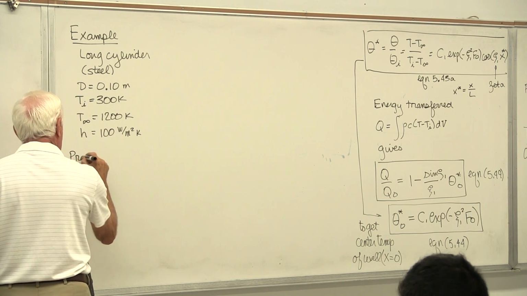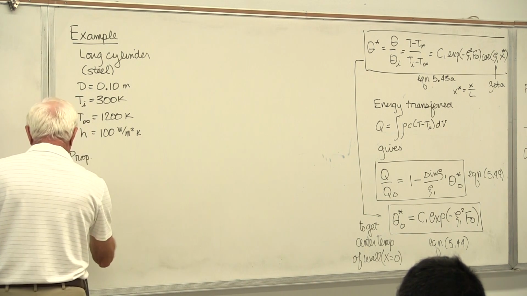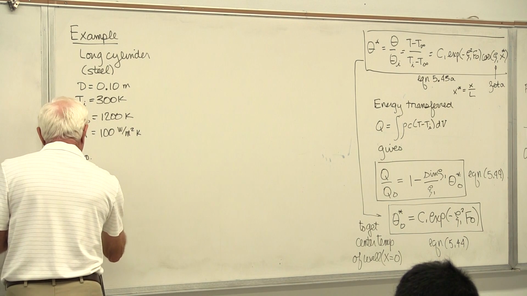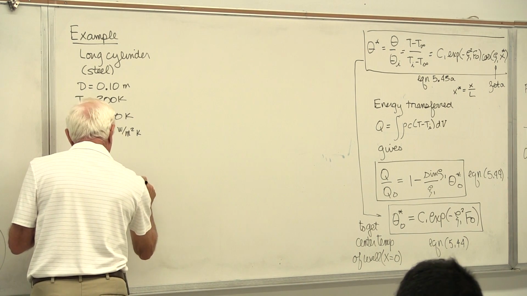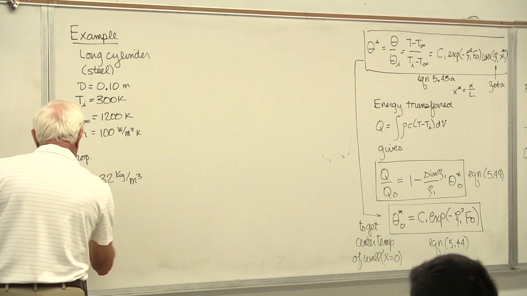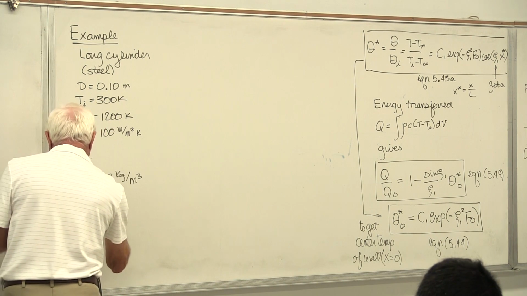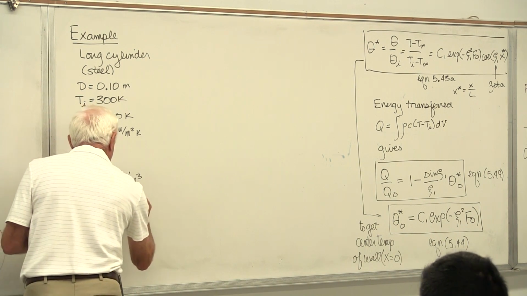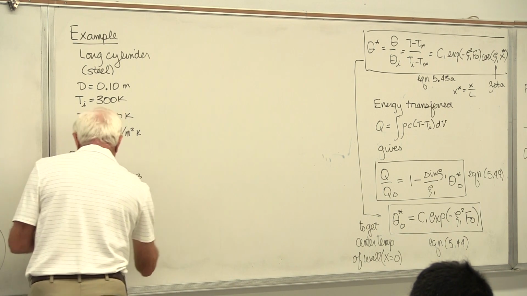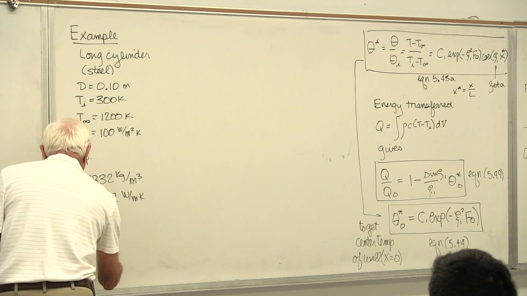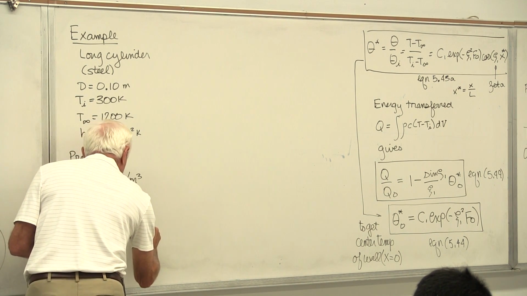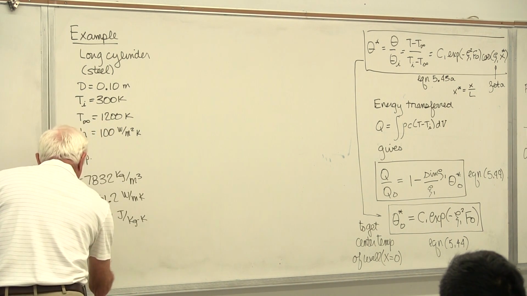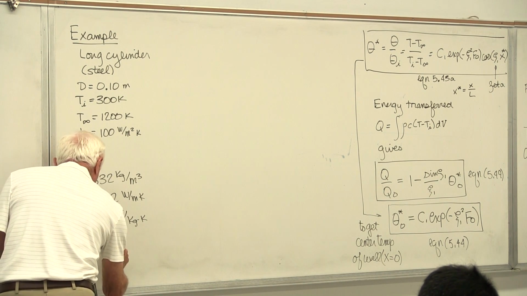Properties: rho, k, c, and alpha, thermal diffusivity.